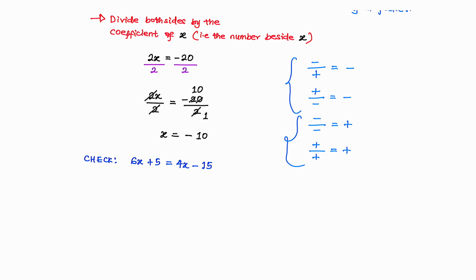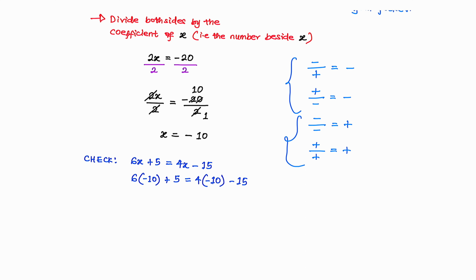So inserting the x that we have, anywhere we see x, we put minus 10. So 6 times minus 10 plus 5 equals 4. We have another x, so we replace it with minus 10, which is the answer that we got, and then minus 15. 6 brackets minus 10.